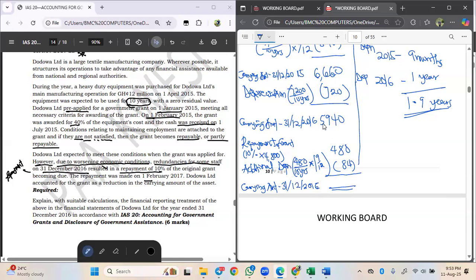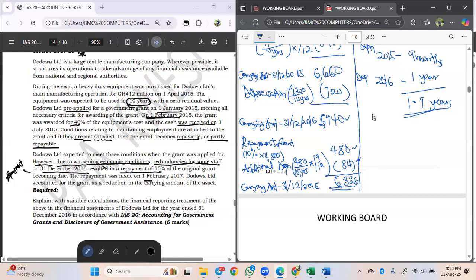From here we start, because you are making adjustments from here. They didn't give us any balance or anything; otherwise we would have prepared the extracts.